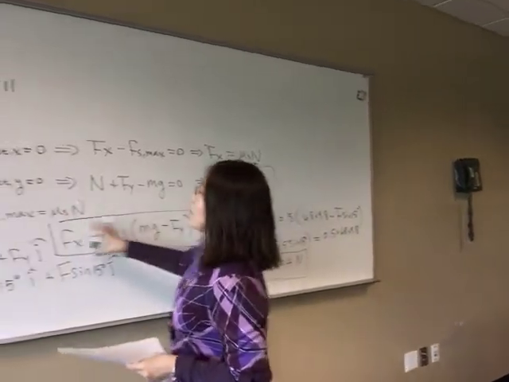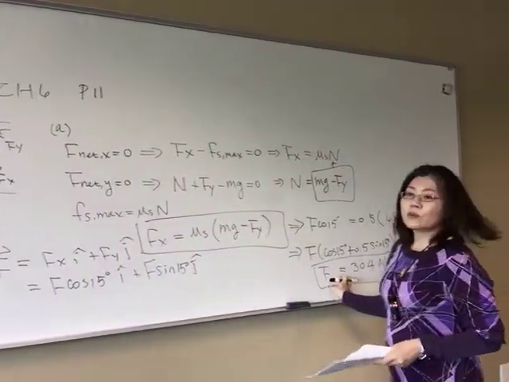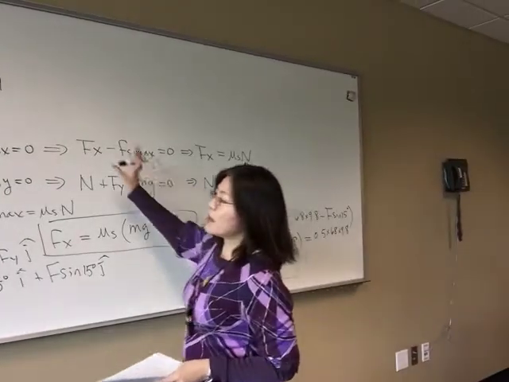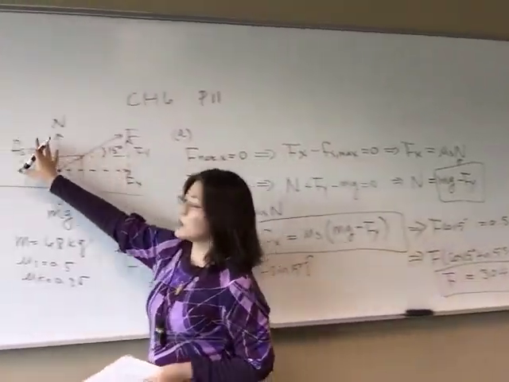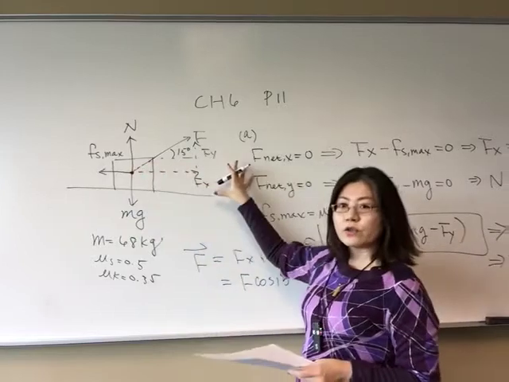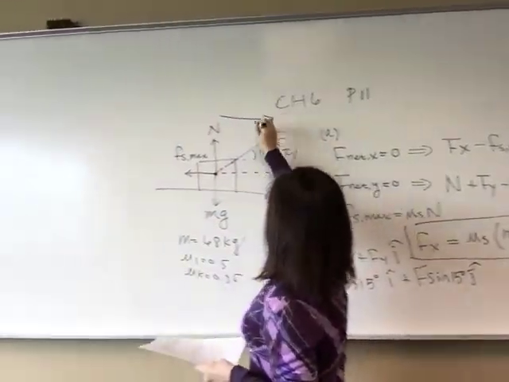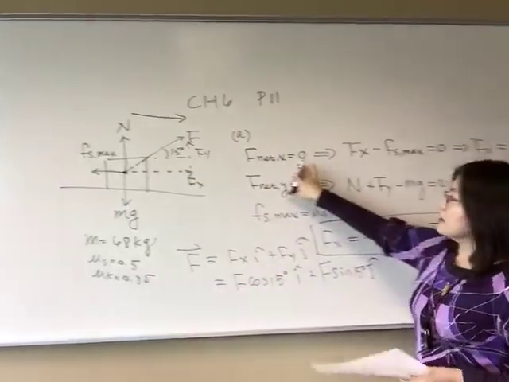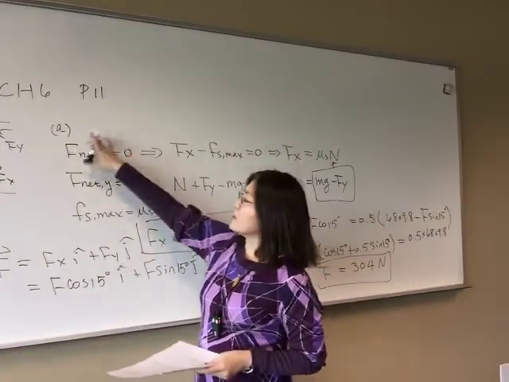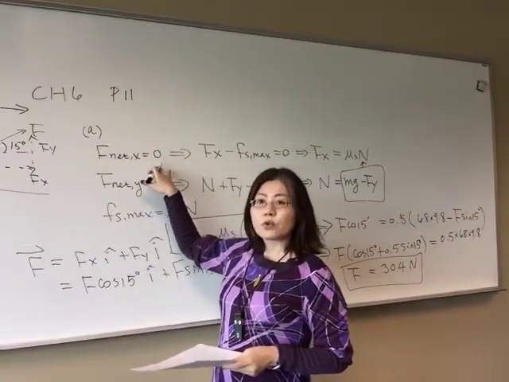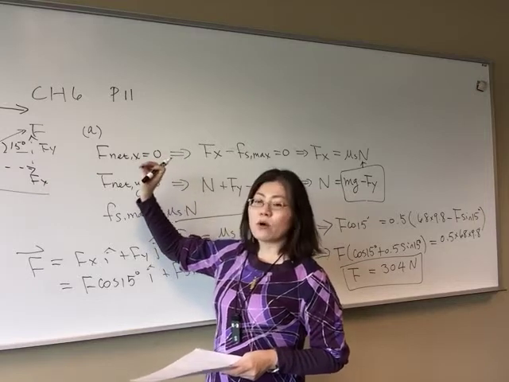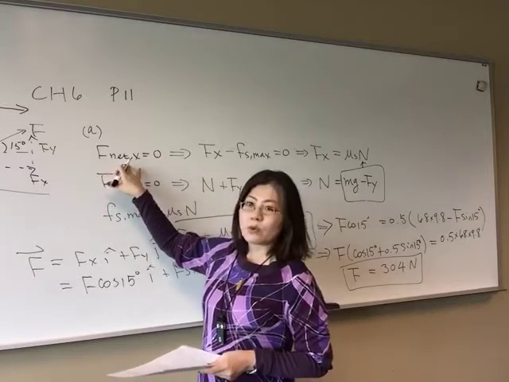So when the force magnitude is 304 Newton, it's just enough to overcome the maximum static friction, so the whole thing is going to move. When the whole thing starts to move, we know that this is no longer true. The net force equal to 0 is no longer true, because now you have a non-zero net force in the horizontal direction.